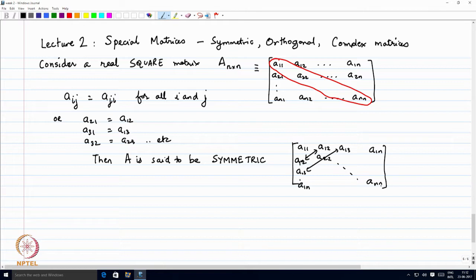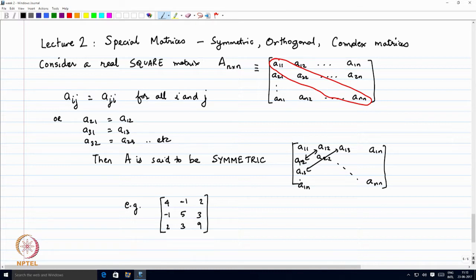An example of a symmetric matrix: I will just take a 3 by 3 matrix, 4, 5, 9, minus 1, 2, 2, 3, 3. This is clearly a symmetric matrix. So, a symmetric matrix is one kind of special matrix.